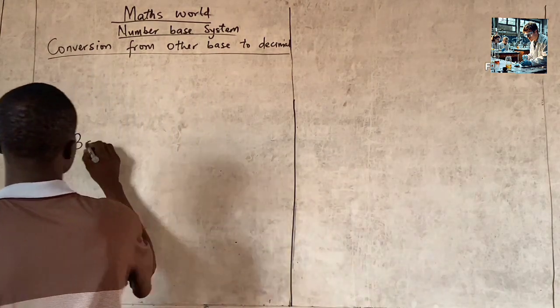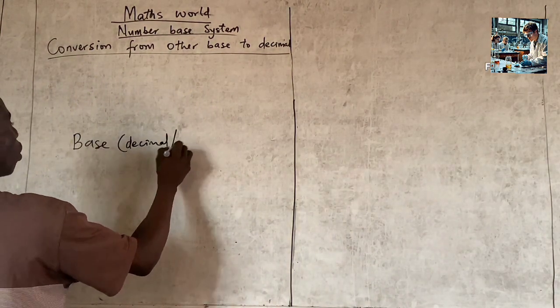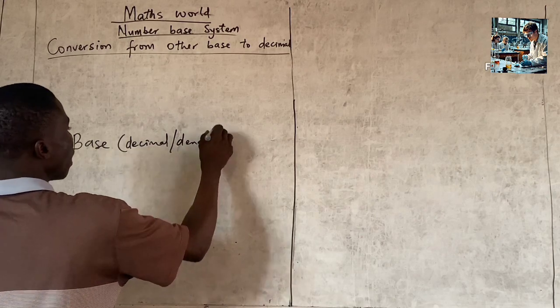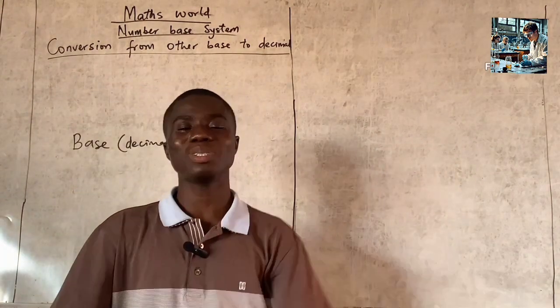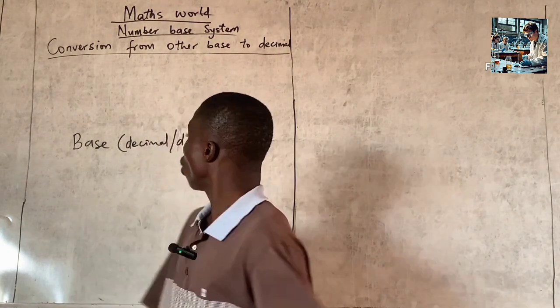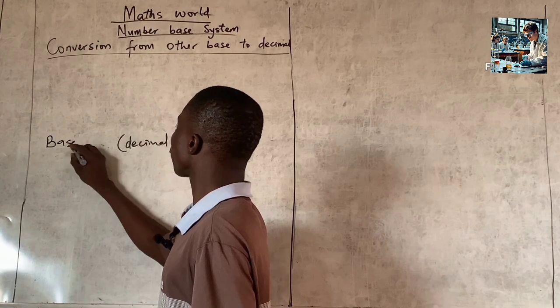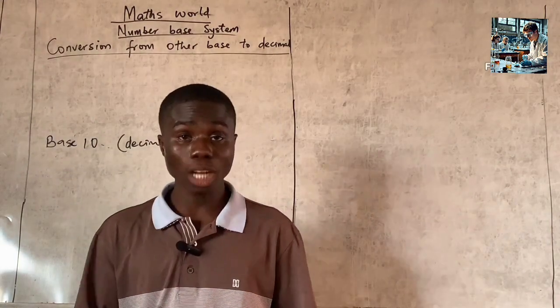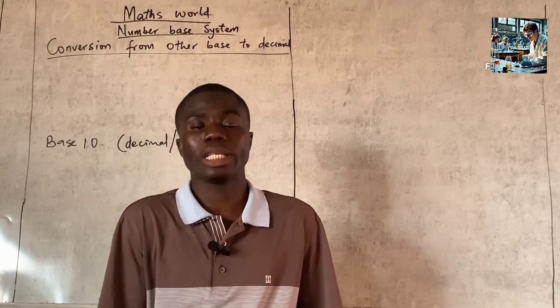The base 10 that I said can also be called decimal or denary is their king. You know the reason why it is the king? Let me tell you. Base 10 is the one that we use in this world.